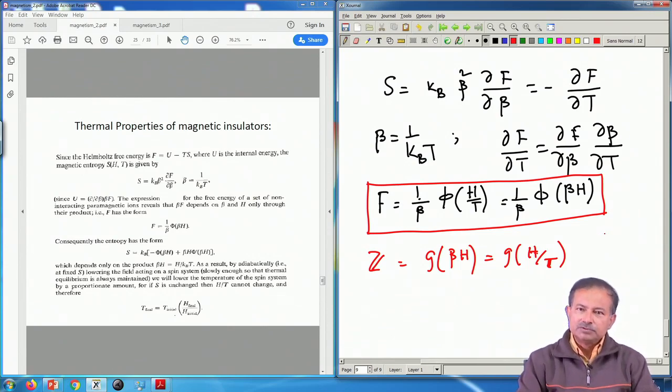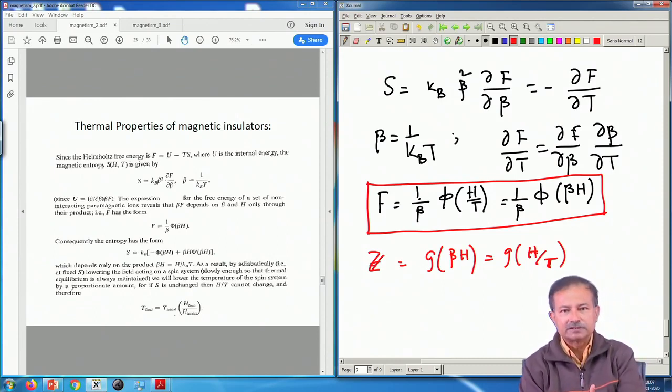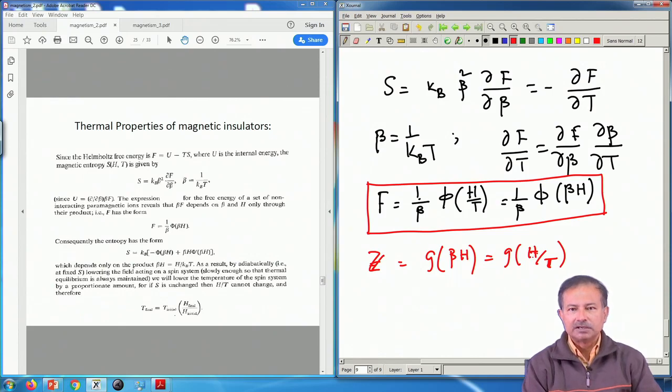Suppose I want to keep Z fixed and I am reducing my h, then you have to reduce your T, because it is a function of h by T.